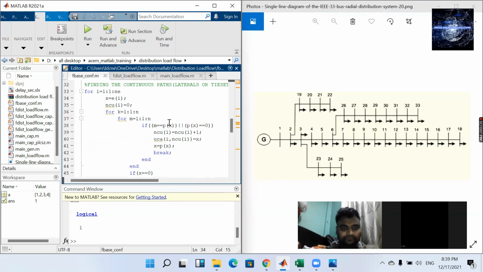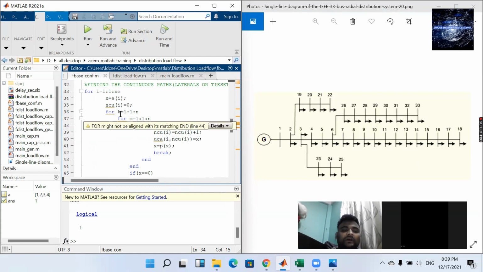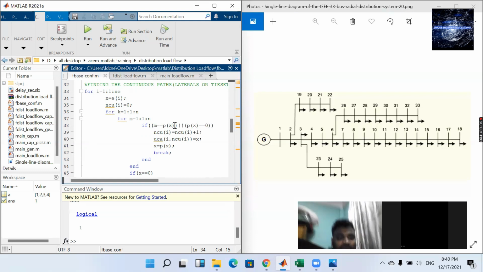So here again for each node, we have to run for 1 to total number of buses, and m is also 1 to total number of buses. Here we see that if m equals px, that is, if m is the precedence node of x, for the first time that will be any one in node.